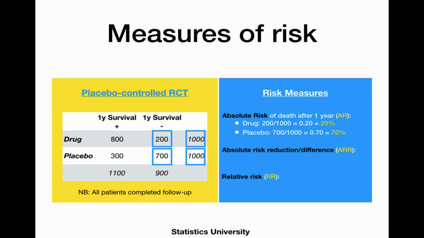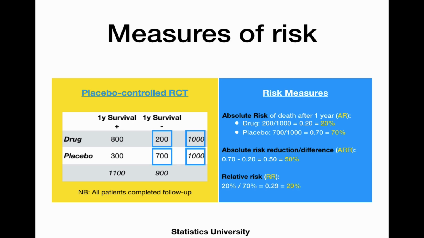So you're much more likely to die after 1 year after having gotten the placebo. But how much more likely? Well, we can express that in either an absolute sense or a relative sense. The absolute risk reduction is 70% minus 20%, which is 50% in total. So that difference is expressed in percentage points, and it's an absolute risk reduction or difference.